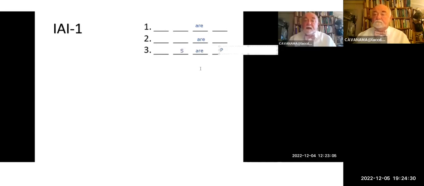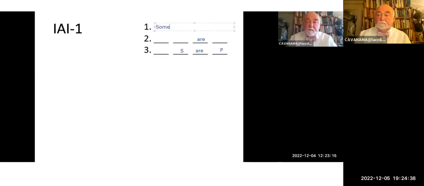And now what about our quantifiers? Well, the quantifier for I is simply some. And the quantifier for A is all. And likewise for I, once again, it's some. Okay, where does our middle term go?